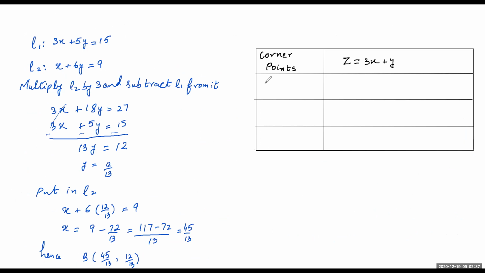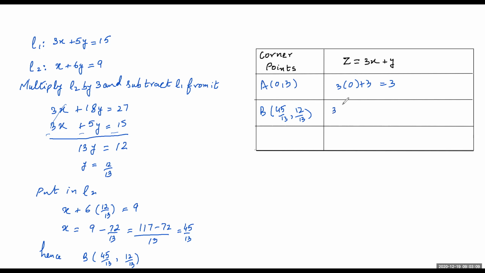The first corner point is A, which is 0, 3. Put x equals to 0, y equals to 3. As a result, you will get 3 into 0 plus 3 equals to 3. Then put the corner point B, which is 45 by 13 and 12 by 13.